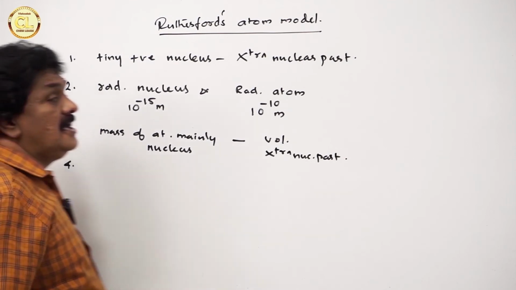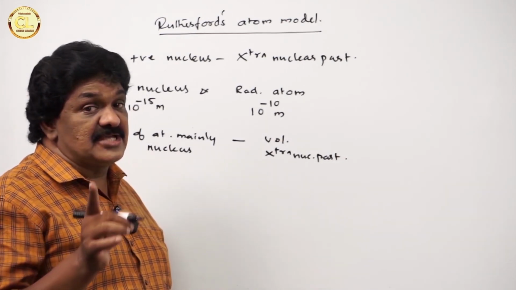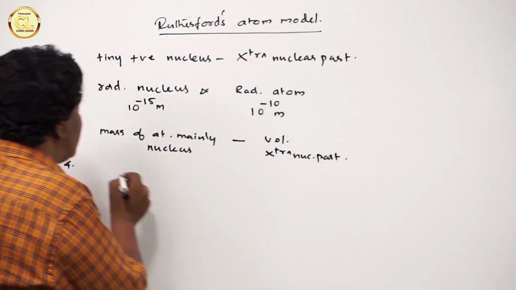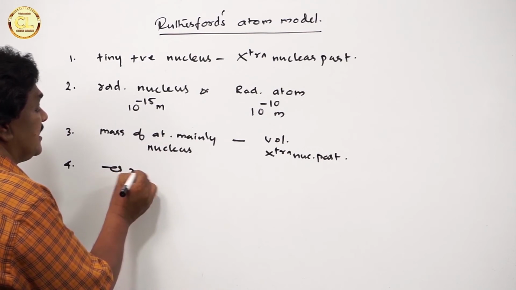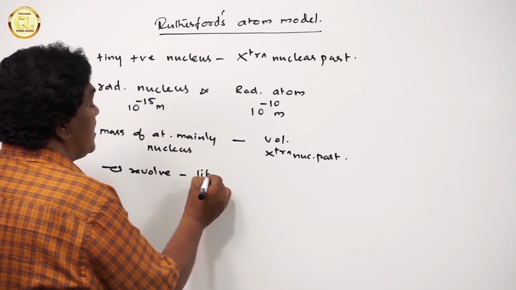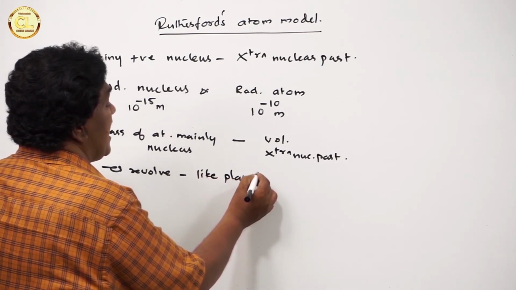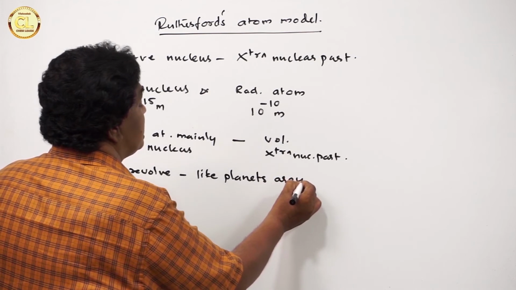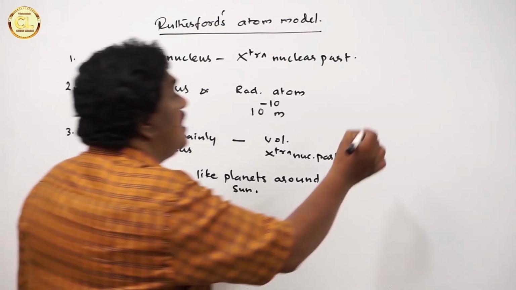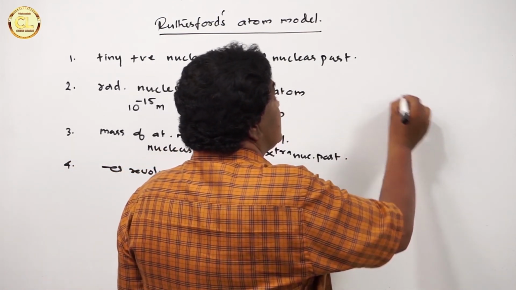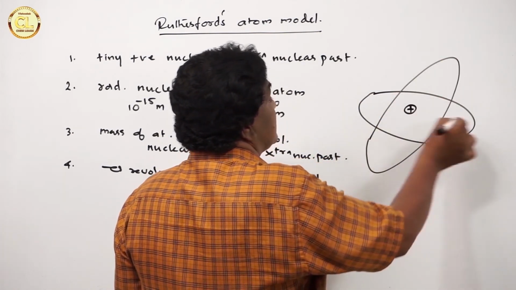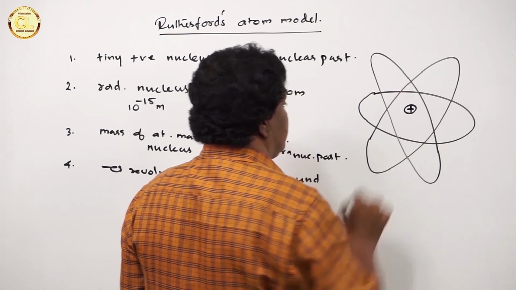Fourth point, electrons are present in the extranuclear part and they are revolving around the nucleus like that of planets around the sun. That is, if nucleus is like this, electrons are revolving around the nucleus like that of planets around the sun, like this.